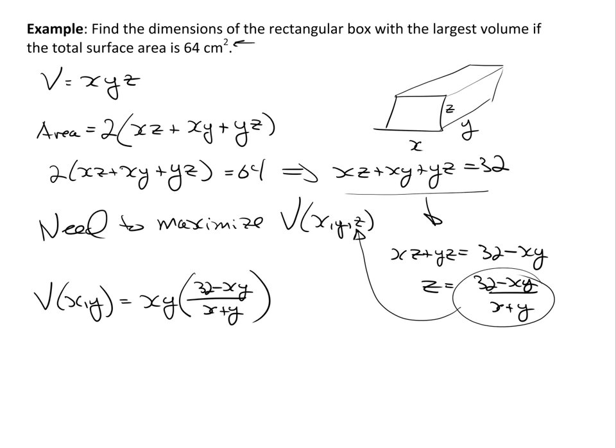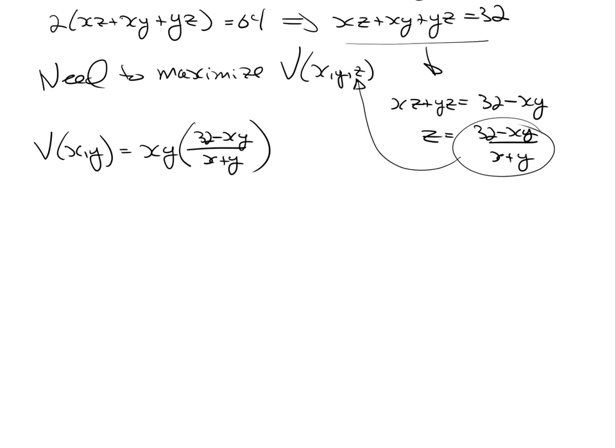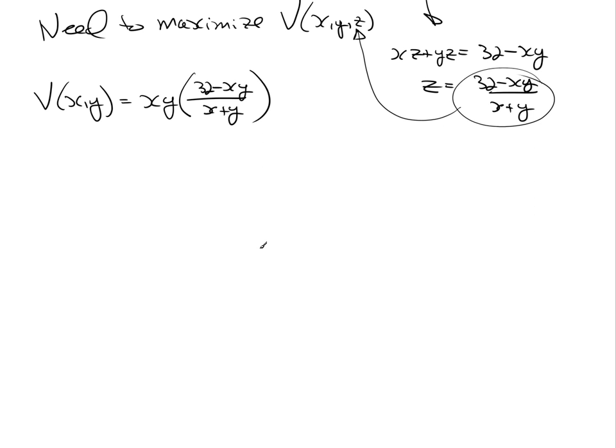So now I'm going to do what you're expecting me to do. I'm going to start working on some partials. So the partial with respect to x. Now this is going to take a little bit of time, but let's go ahead and just go through it carefully here. So this is going to be y times (32 minus xy) over (x plus y), plus xy times the derivative of this.